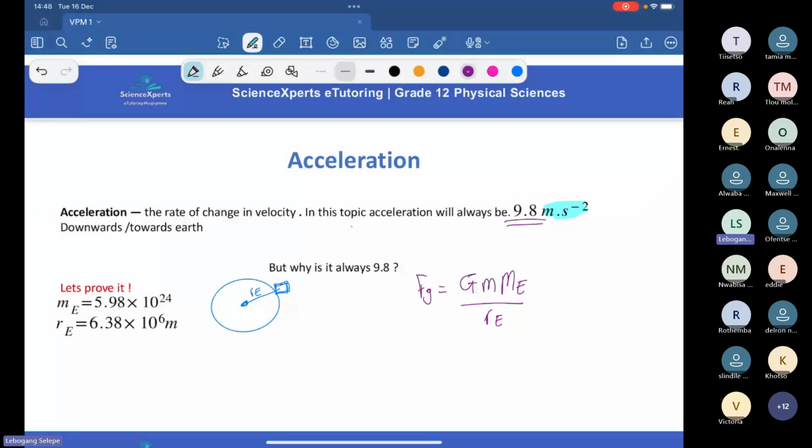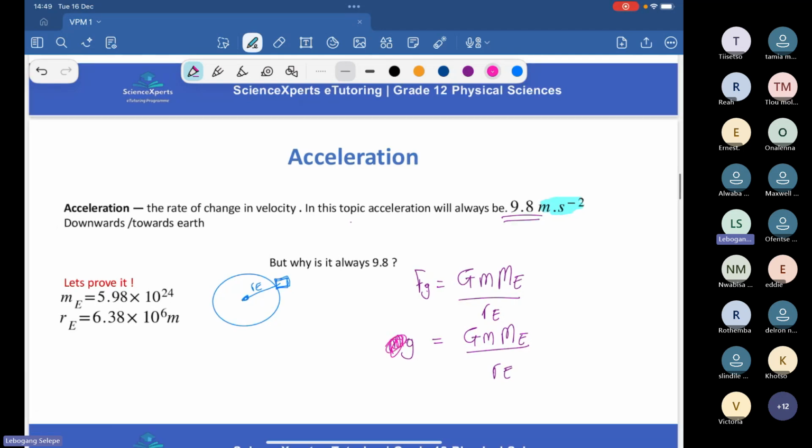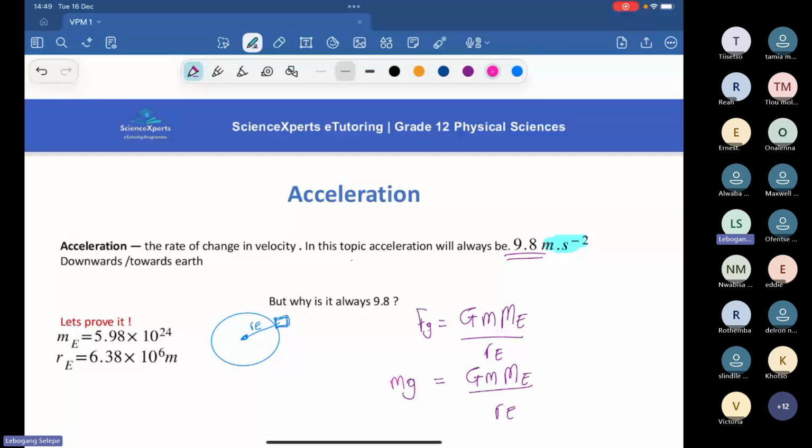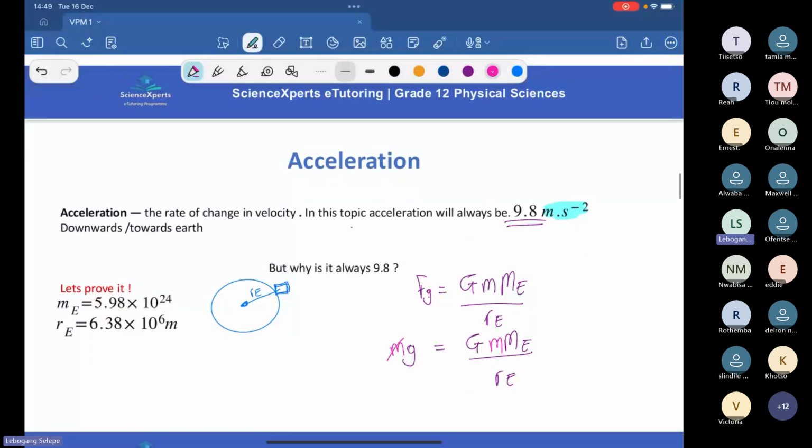But also Fg is equal to mg, m multiplied by g, where g is the gravitational acceleration. So mg is equal to G m Me over Re squared. But look, the small letter m is the mass of the object, and here we also have the small letter m, the mass of the object, so they can cancel each other out.